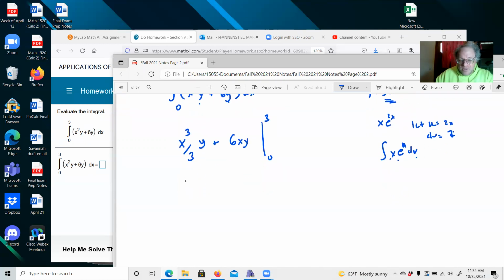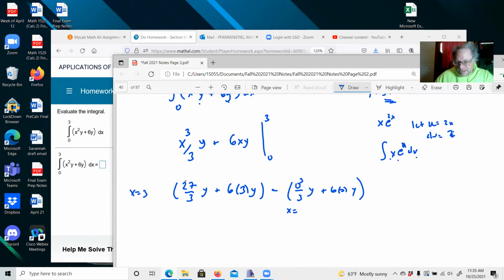So if we evaluate at x equals 3, we have 27 over 3 y plus 6 times 3y, minus 0 cubed over 3 y plus 6 times 0 times y. This is x evaluated at 3, and this is x evaluated at 0.